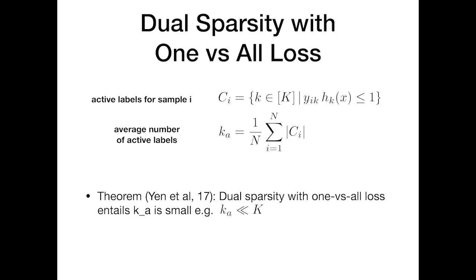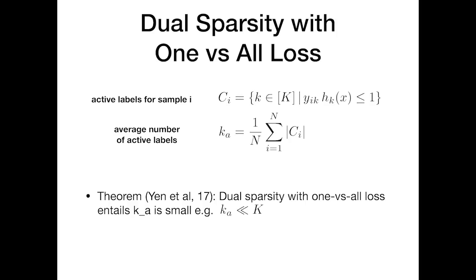Here, because we have one versus all, you have a separate hyperplane for each class. And so for a given sample, you look at all the different hyperplanes where this sample would fall within the margin, and you would then call it an active label for this sample.